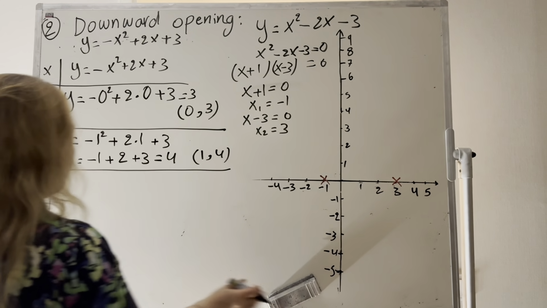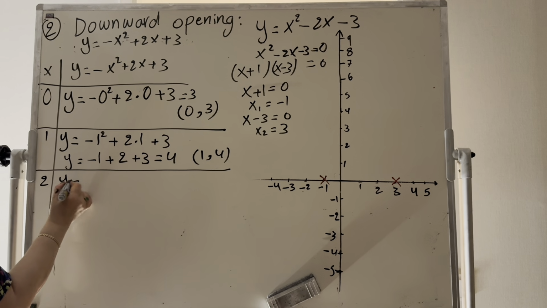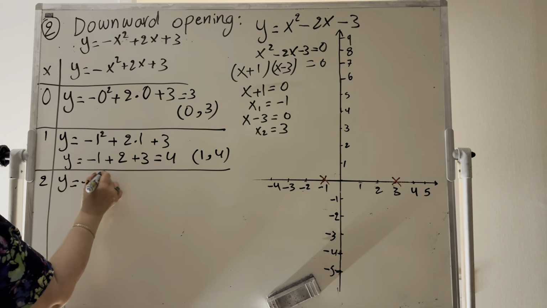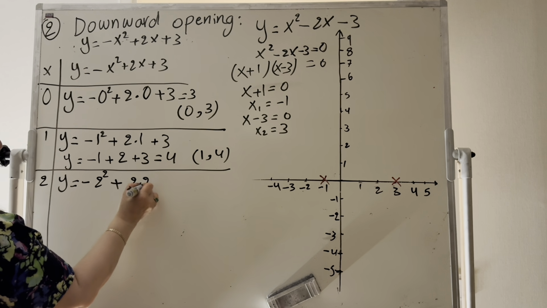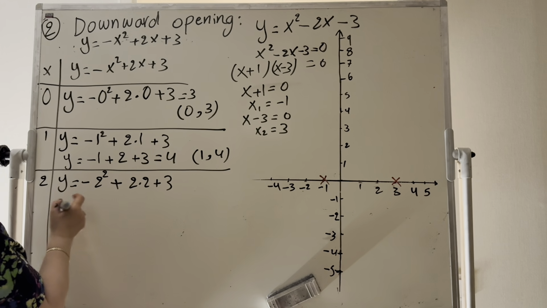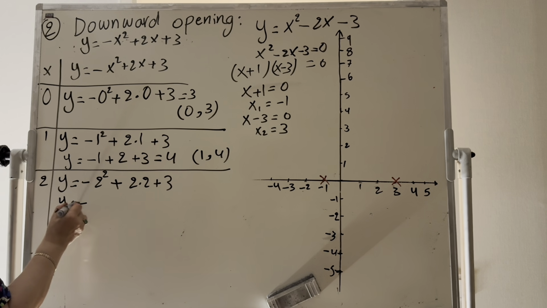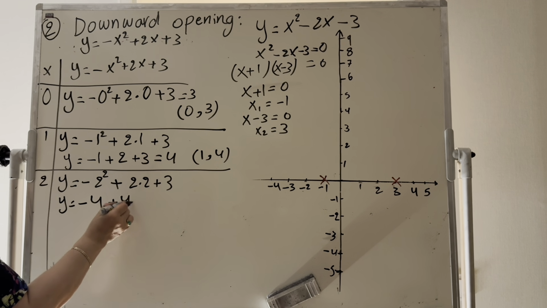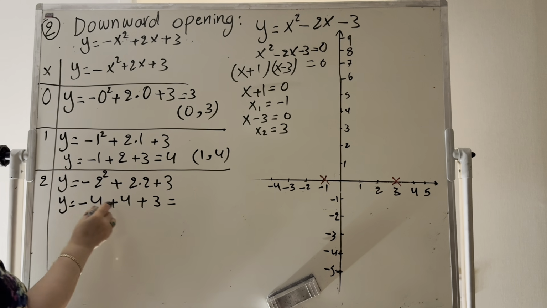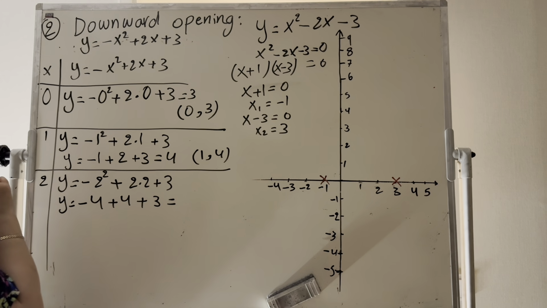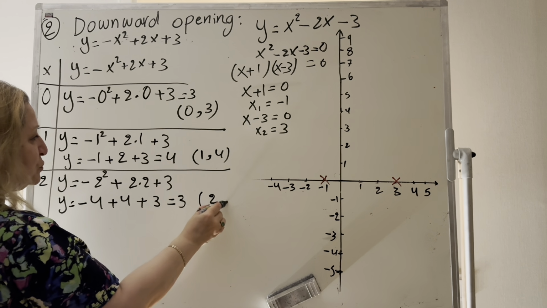When x equals 2, y equals minus 2 squared plus 2 by 2 plus 3, which is minus 4 plus 4 plus 3, and I get y equals 3. So when x equals 2, y equals 3.